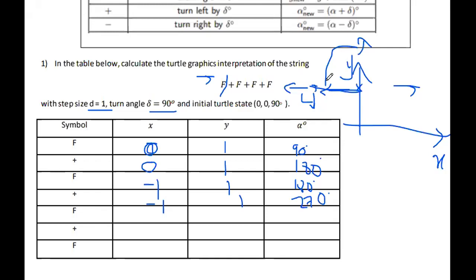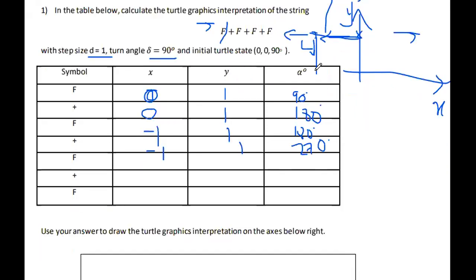Then when you move forward, going down, the y coordinate changes to 0 and the x coordinate remains the same.